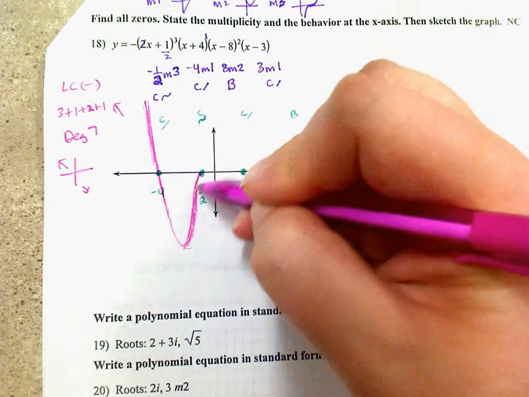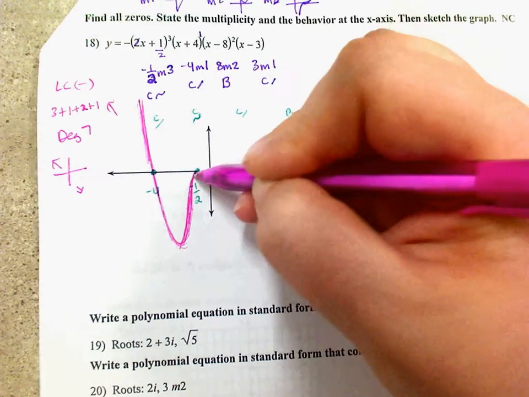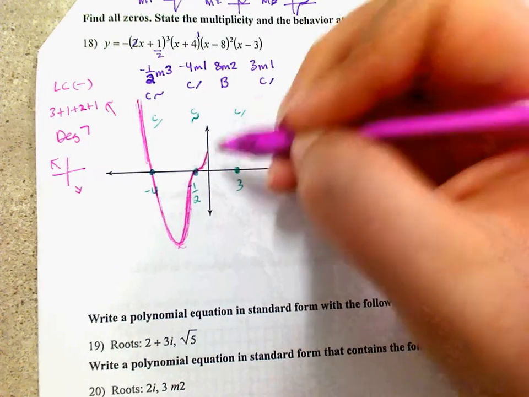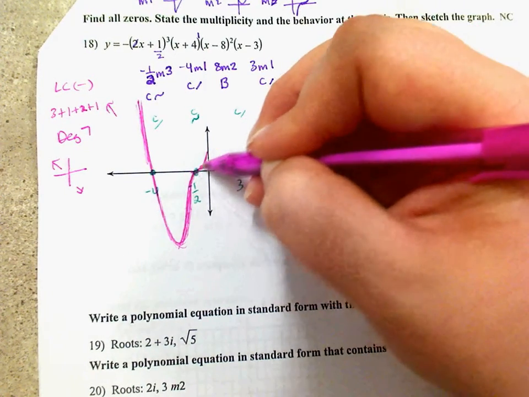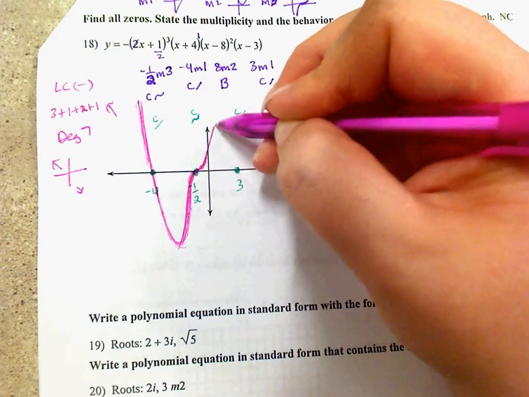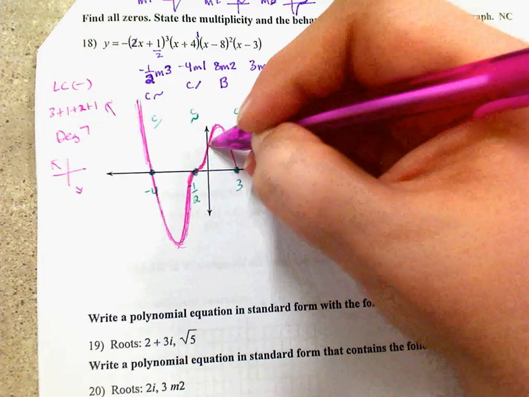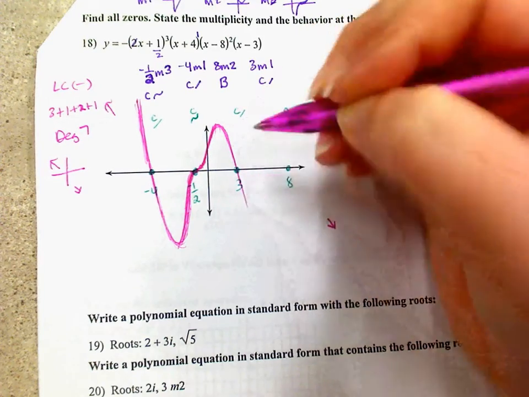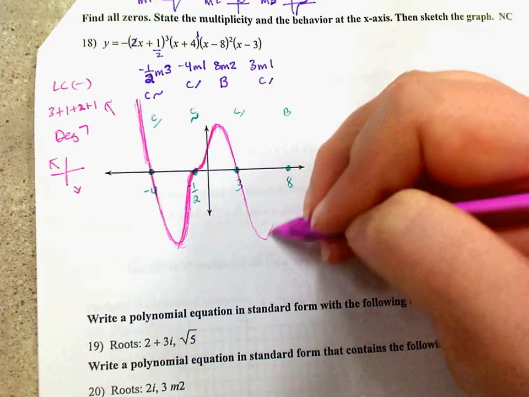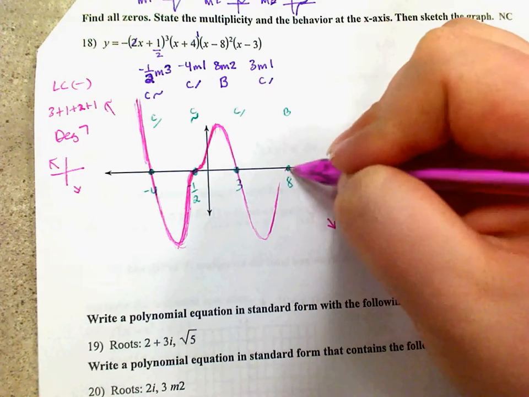And then what? Go straight down through it. So create some max. I don't really care how high or how low your max goes. Cross straight through, and then what? Bounce. So give yourself enough space to create a max right there. And then there you go.